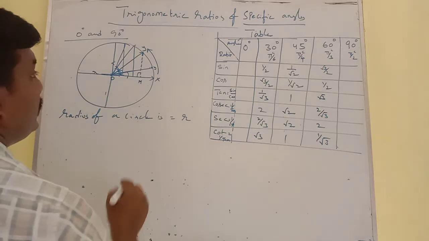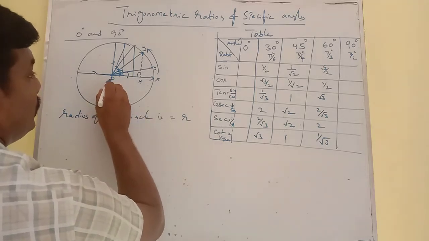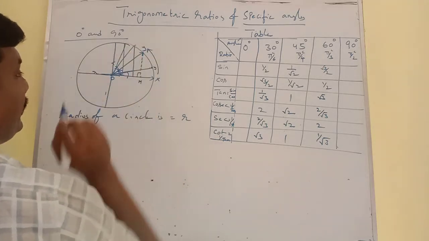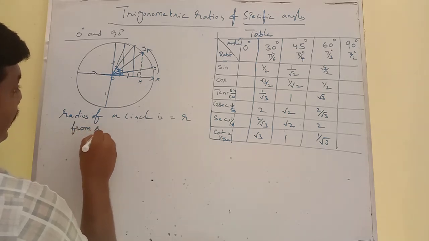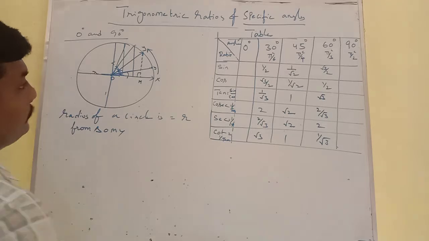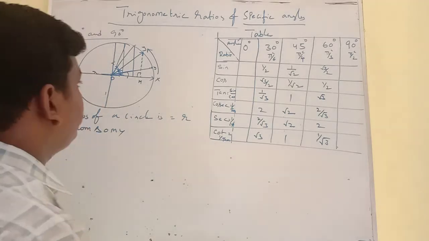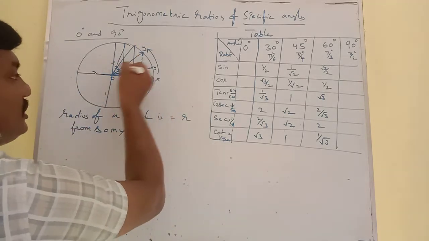So let me consider triangle OMY. From triangle OMY, MY is the opposite side to theta.